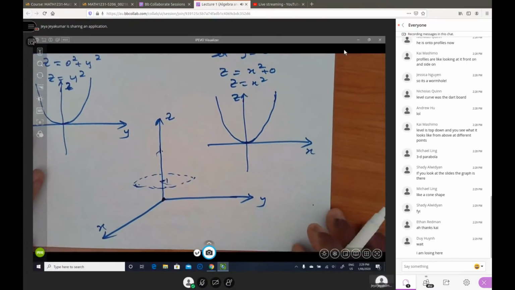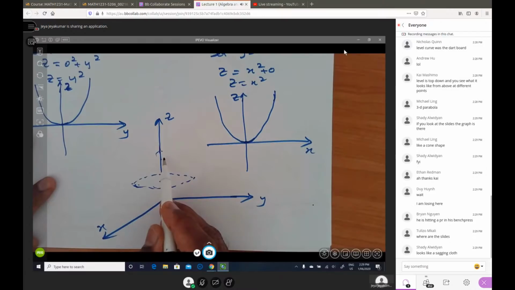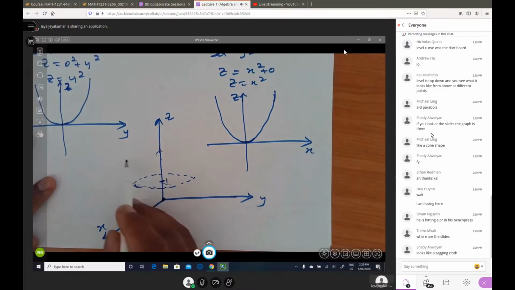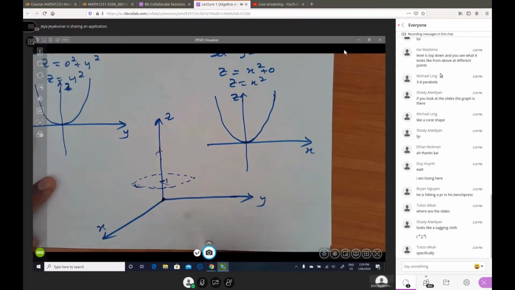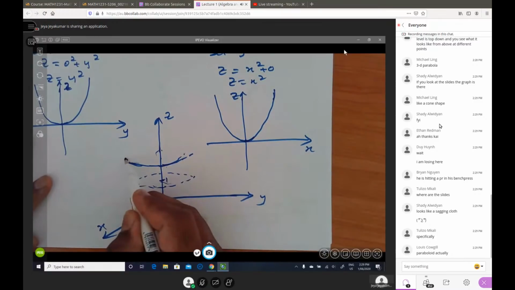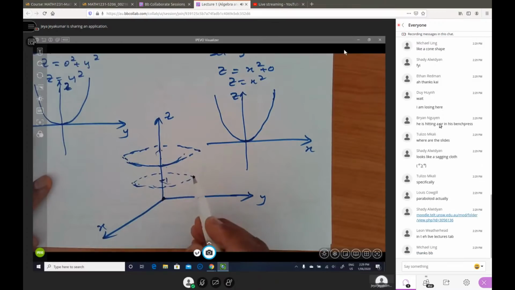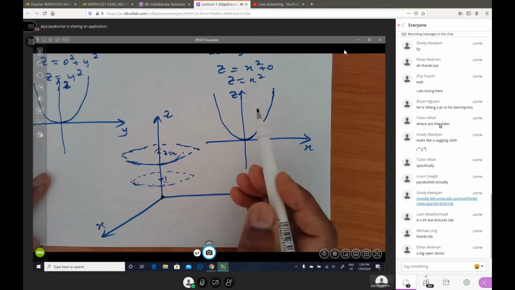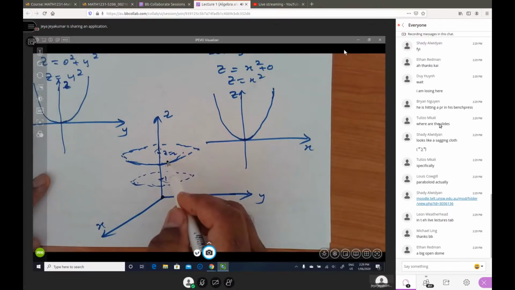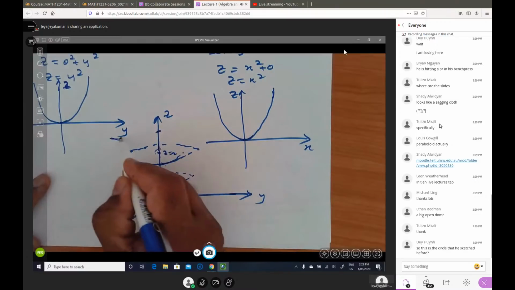And z equals 2, that means the intersection of the surface and the z equals 2 plane, which is parallel to the xy plane at height 2, is a circle with radius higher than 1, root 2 here. Similarly z equals 4, the radius increases here.